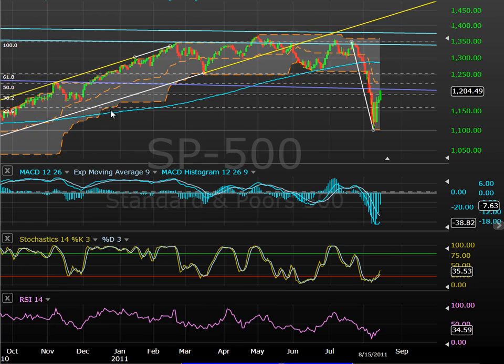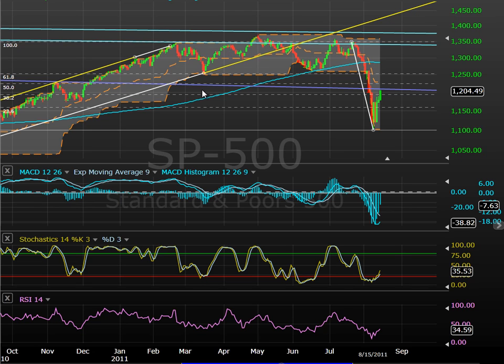But if I want to back up just a little bit, you see how we had a touch back there. We got essentially rejected off of that, came back down, moved sideways, eventually penetrated through that and went above it to come up and try to test this long-term resistance zone that I was pointing out before.